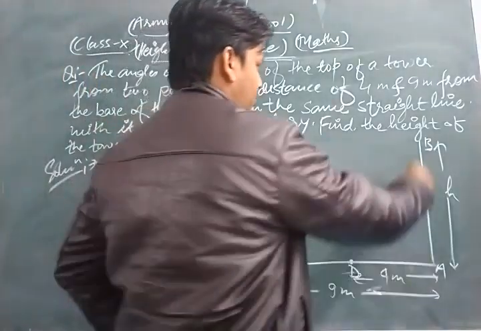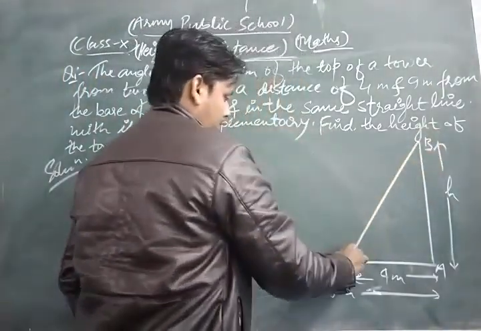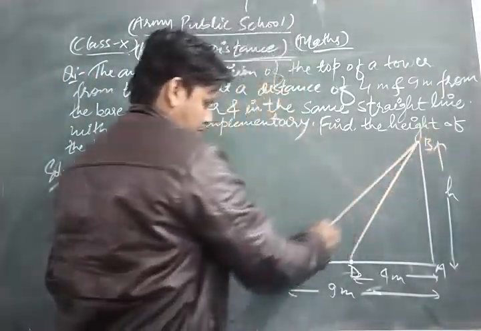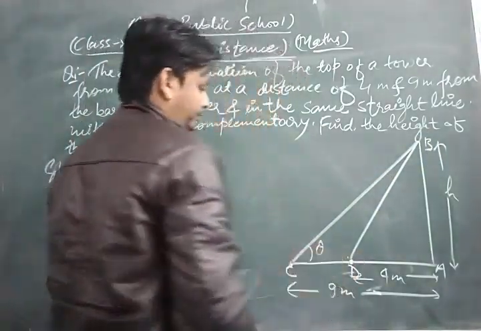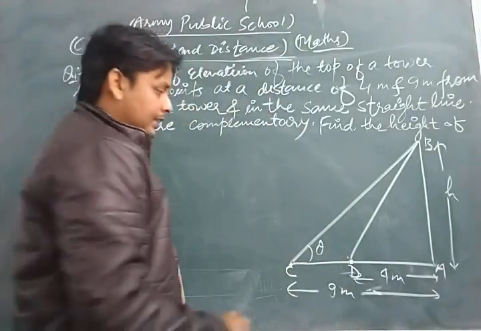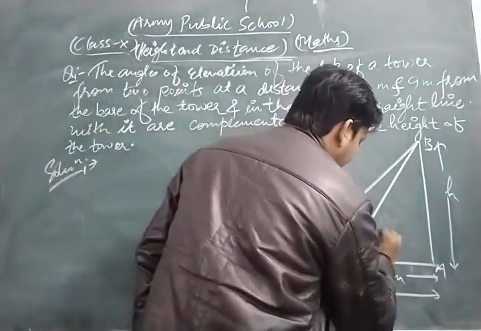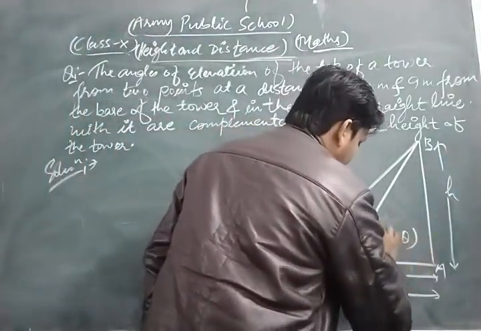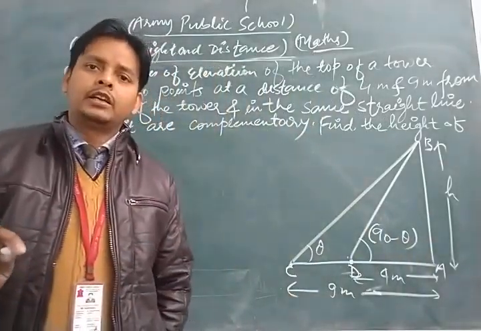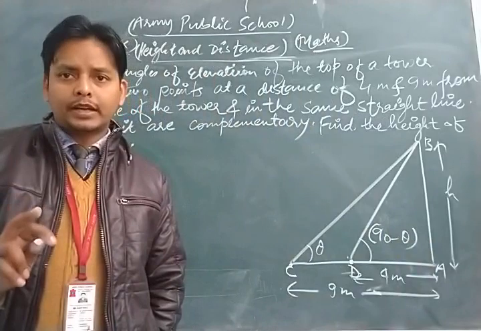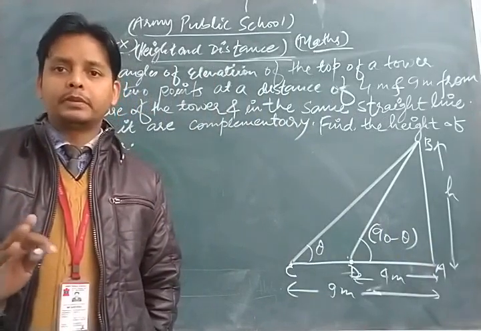So in this way, look, if we take one angle as theta, then the other is 90 minus theta, because you know that if the sum of the measures of two angles is 90 degrees, they are complementary to each other.